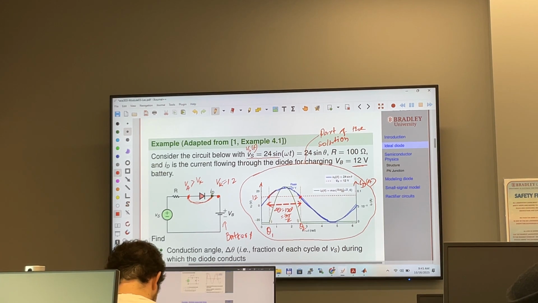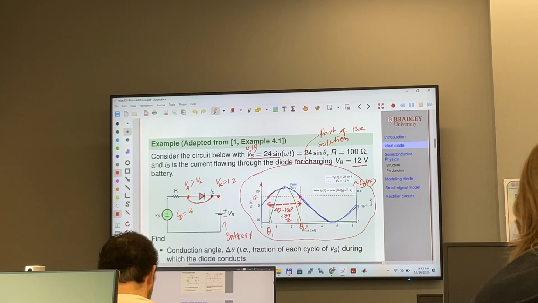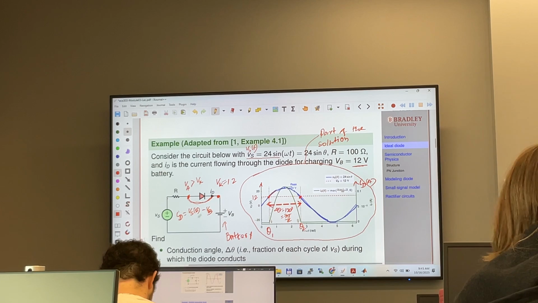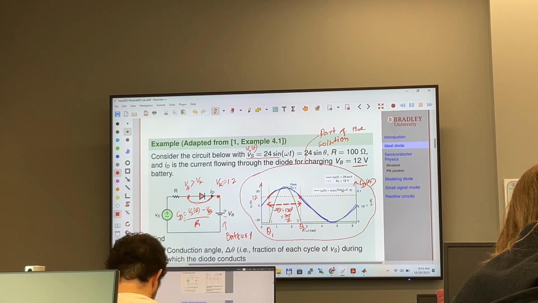So diode current ID is going to be whatever voltage we have, it's a piece of wire, minus this voltage, divided by R. So ID is going to be V sub S at angle theta minus VB over R. This is the current expression.